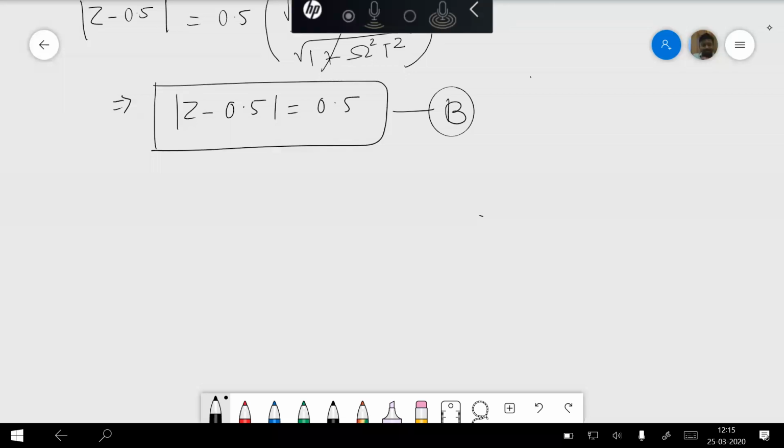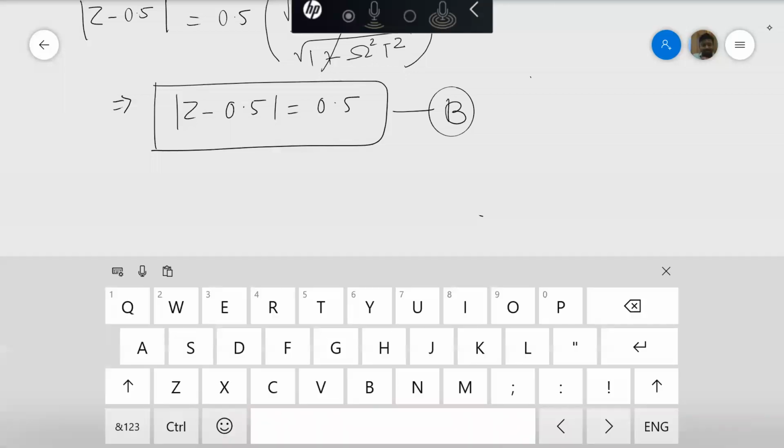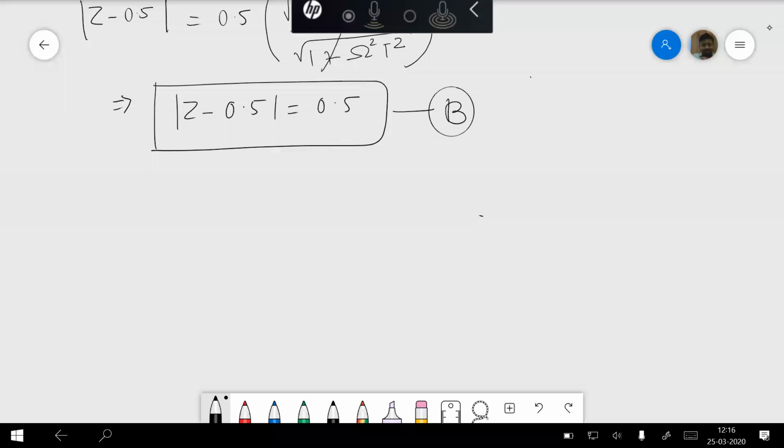If z is a complex number and the magnitude of z minus 0.5 is equal to 0.5, what does it represent geometrically?